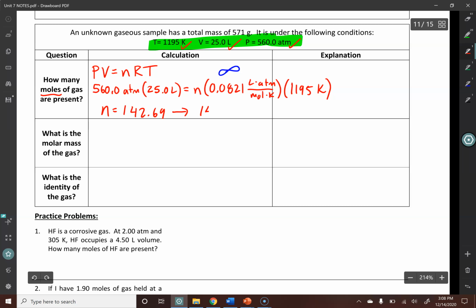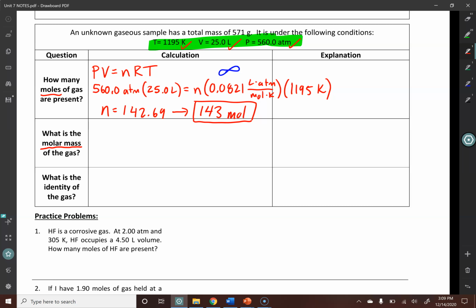So I get 143 moles of gas present. Hopefully that's a pretty straightforward application of the ideal gas law. Plug in your values since all of our units match the unit provided in the constant, and then it's just a math problem.